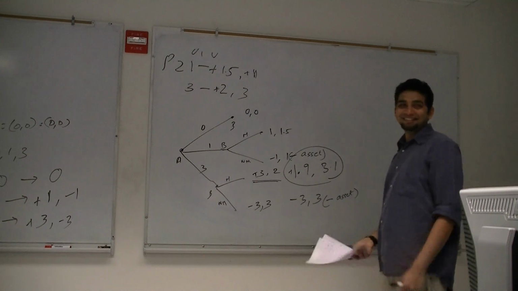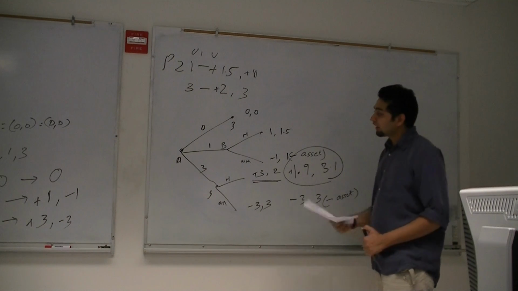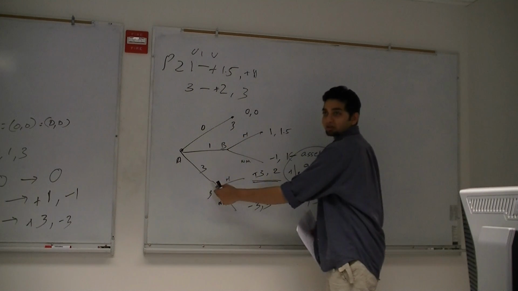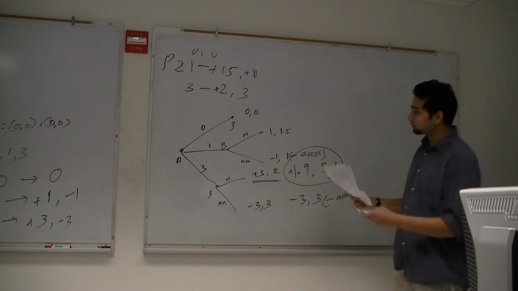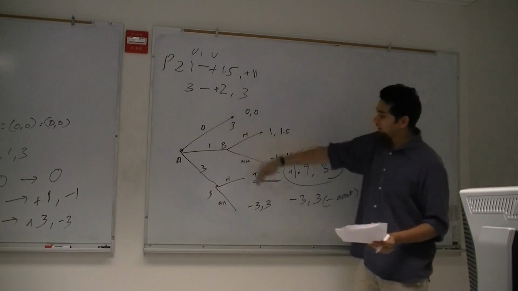Here, Bailey sees what Sean selected. Yeah, so he knows what Sean selected. So this is just regular jargon in sequential games.